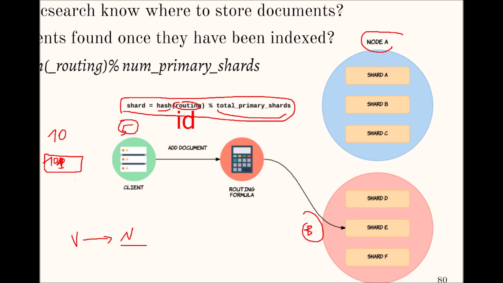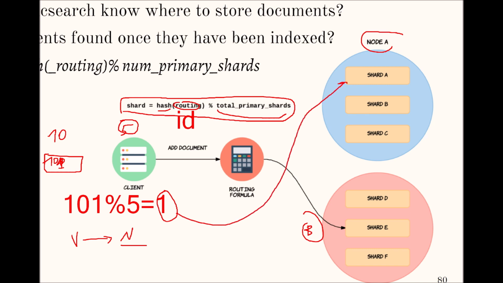If I do 100 modulo 5, I get 1. So basically, Elasticsearch will take that document to the first shard. Here it's 1, and there it's B. Maybe it's 1, 2, 3 and 4, 5, 6. And that's it.